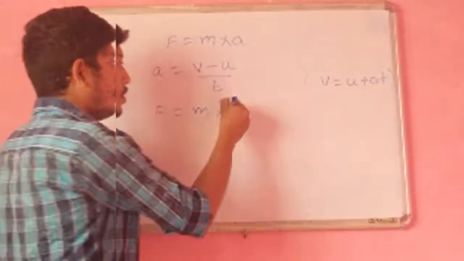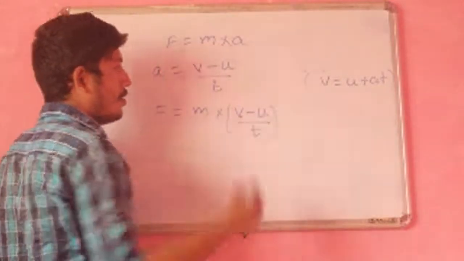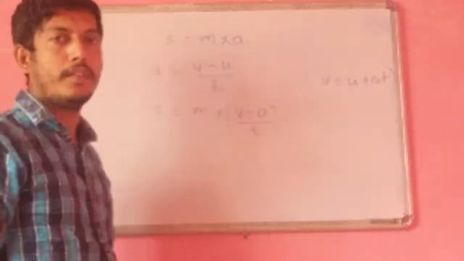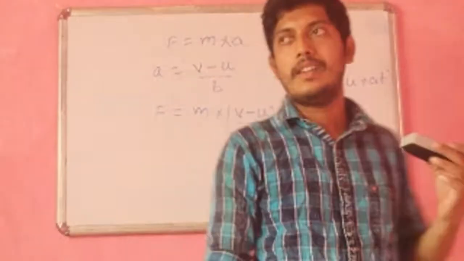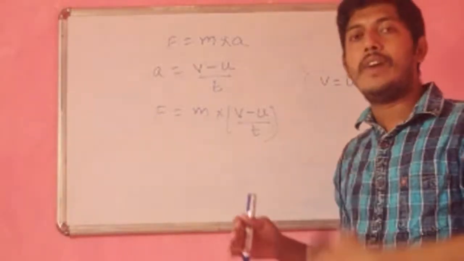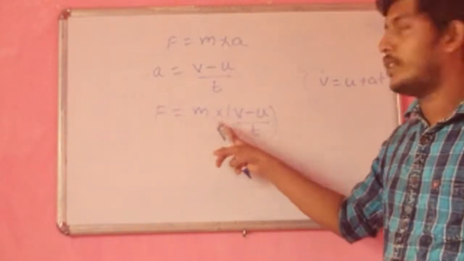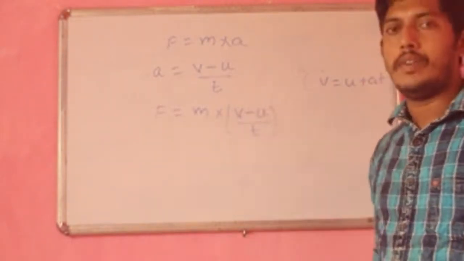I have to substitute v minus u divided by t. Therefore, the expression for force, when mass, initial and final velocity and time are given, is F equals m into v minus u divided by t.